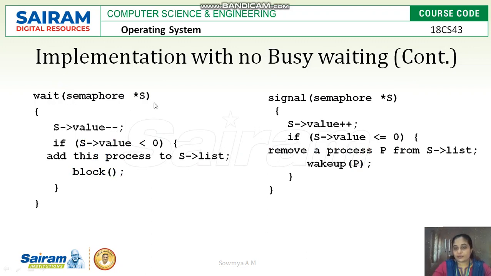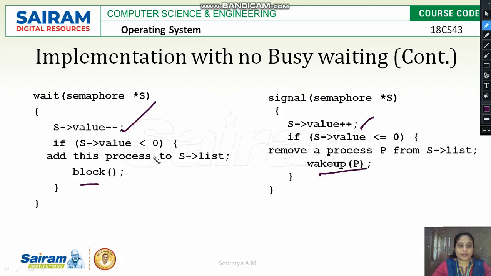Wait for the semaphore S and signal for the semaphore S are the two functions we have. The S value will be decremented in wait, and the S value will be incremented in signal, as we saw before. But now, for the queue of processes acquiring the semaphore value, we have the block function and the wake up function.